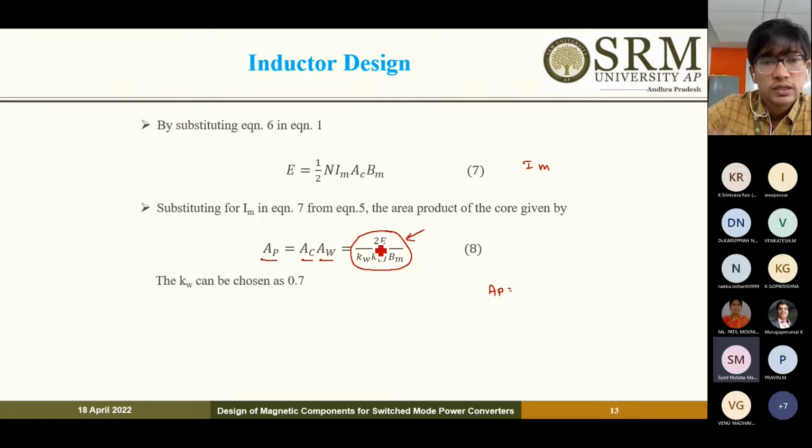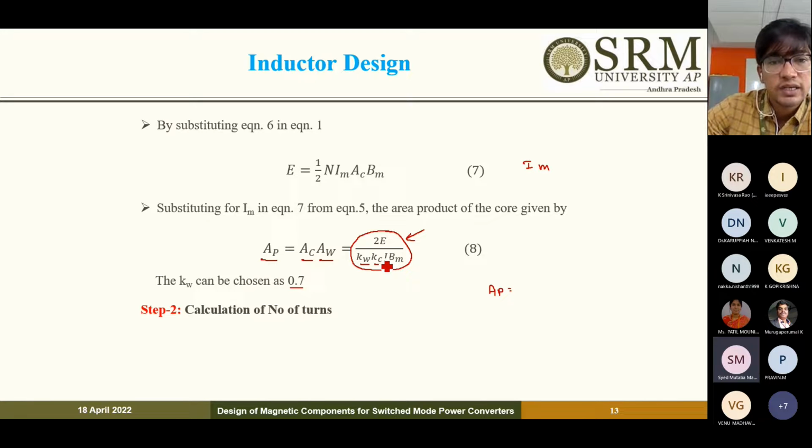Usually for ferrite cores, the window utilization factor Kw is 0.7, it is constant. Similarly, the core utilization factor Kc will be 1. J is the current density, for which I have already given the value 3 ampere per mm square.